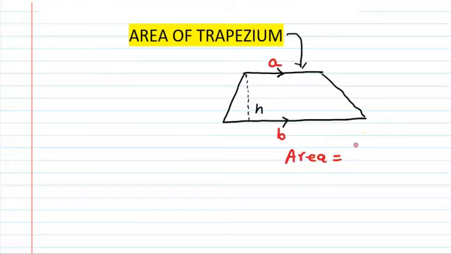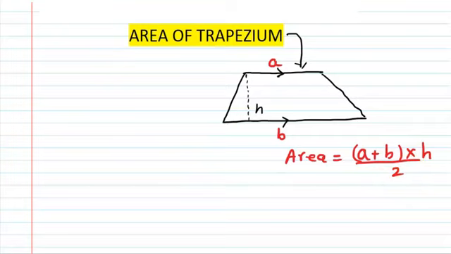Sum of the two parallel sides, and one thing is missing, divided by 2. So see, sum of parallel sides, that is sum means total. So (A plus B) times height, divided by 2. Is that okay?